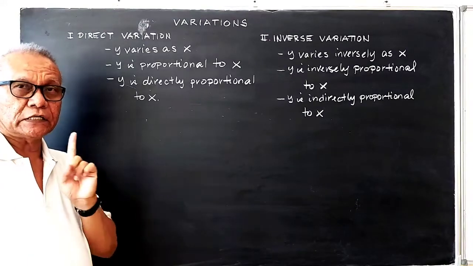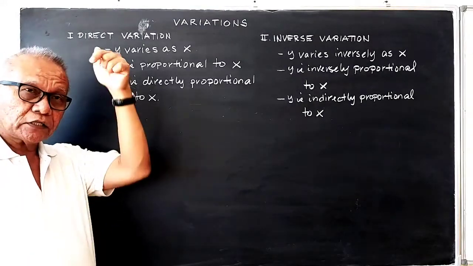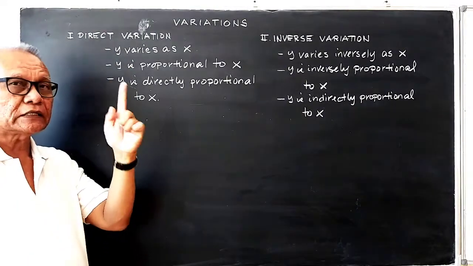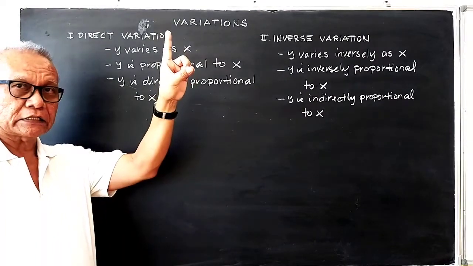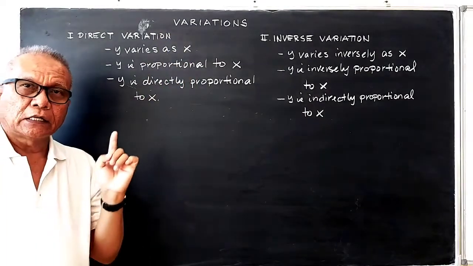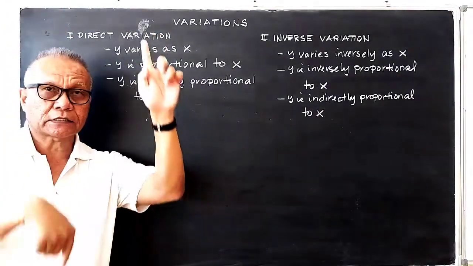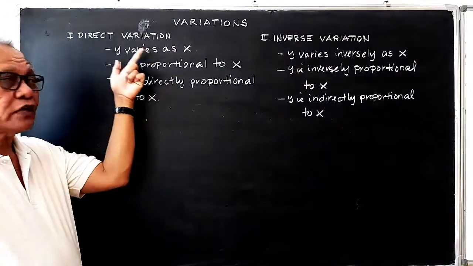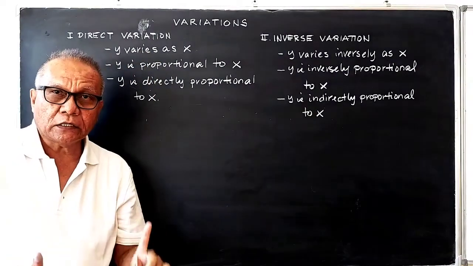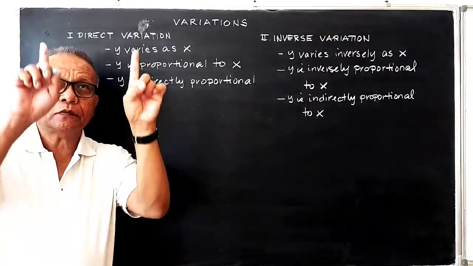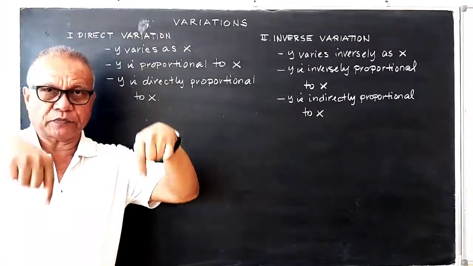Or if the first quantity decreases, the second quantity will increase. It's just like one is increasing, the other one is decreasing. In direct variation, they rise at the same time or they fall at the same time.